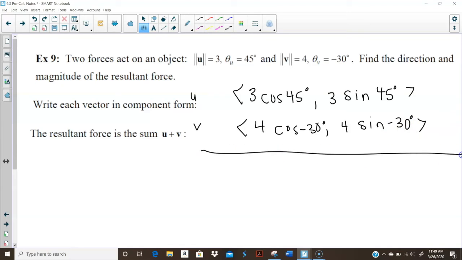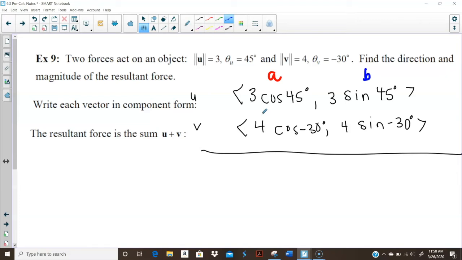We want to add vector u and vector v together so we can figure out what the result of those two vectors is. All right, so you can add these by simply putting them into your calculator. We are going to call the horizontal part A, and we're going to call the vertical part B. Because these are specials, you could actually do this by hand if you wanted, or you could put it into your calculator and come up with the decimal.